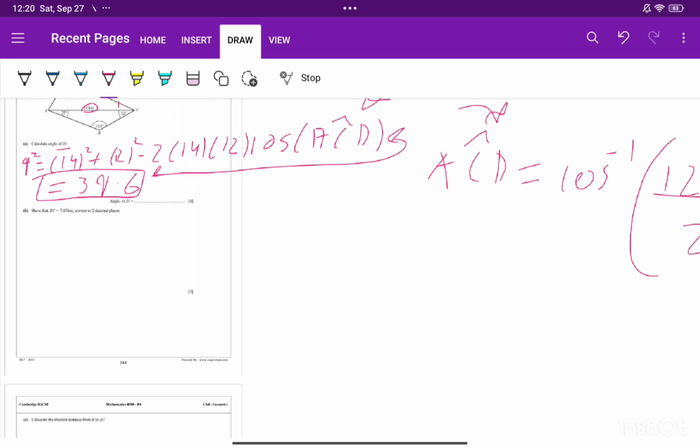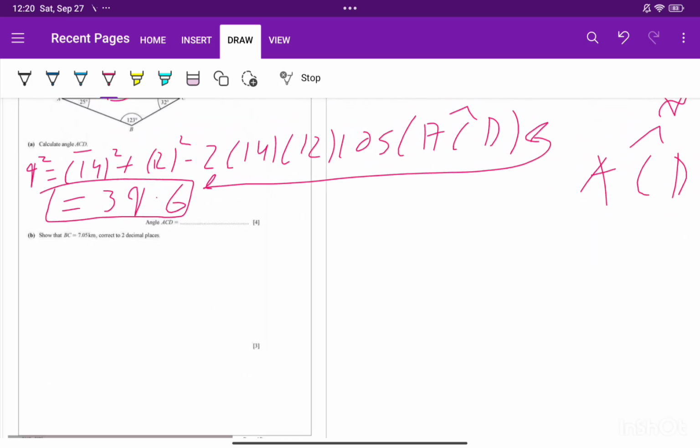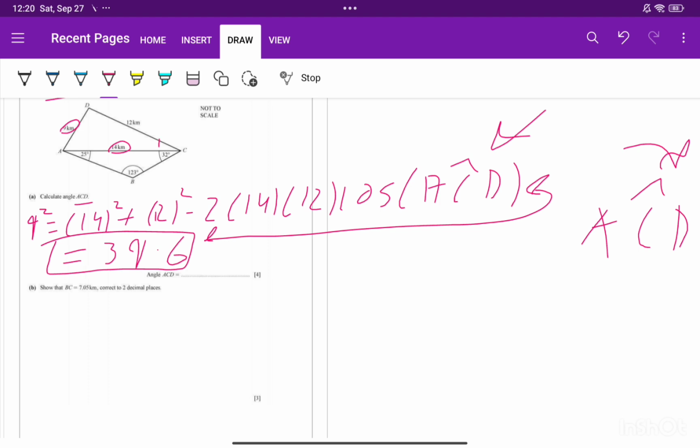Show that BC is 7.04. Let's take triangle ABC. This is 25, this is 123, this is 32, and we know that this is 14. We can use the law of sine as we know angle A and its opposite length, and we need to find the length opposite this angle.